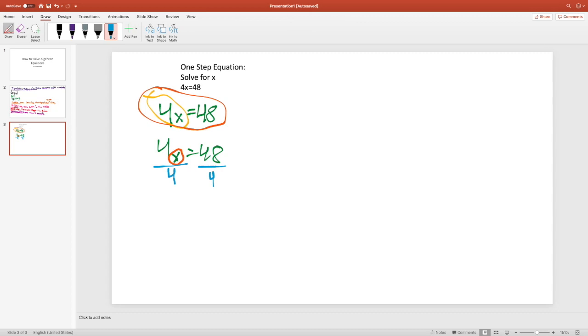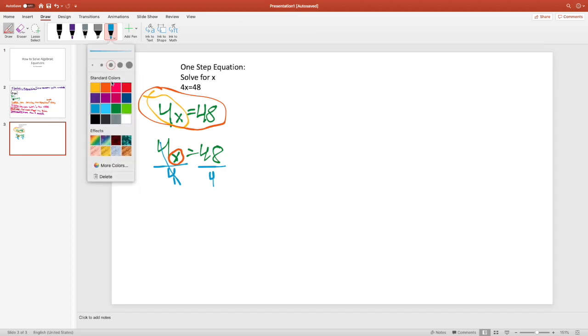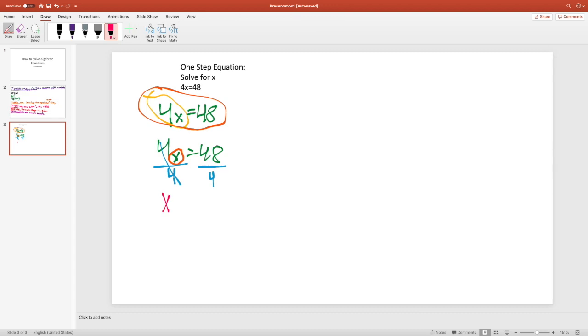In this equation, that is 4. So 4 divided by 4 is 1, so we can cross that out. And 48 divided by 4 is 12. So the solved equation will be x equals 12.